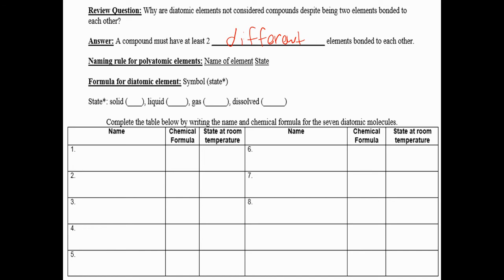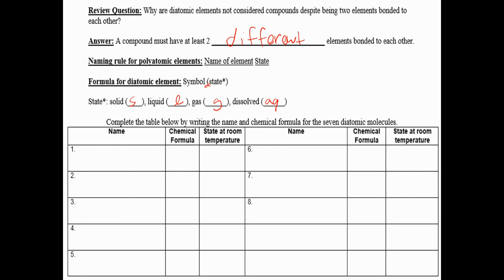We put the symbol of the element with a 2 and then the state. Solid, remember, is S, liquid is L, gas is G, and AQ means aqueous or dissolved, but we're not really going to use that right now.